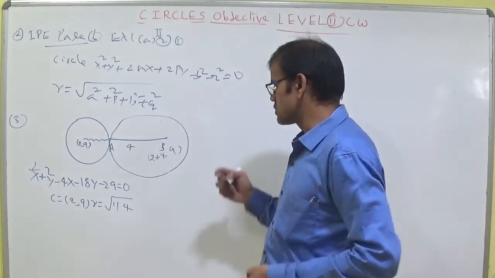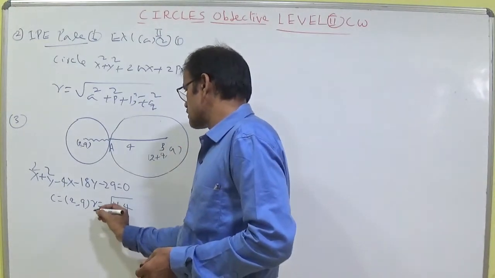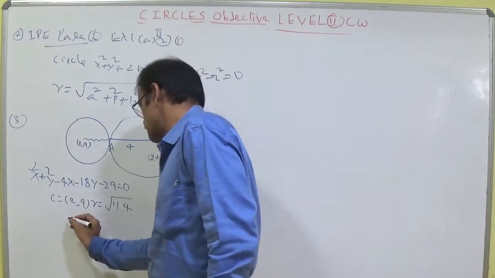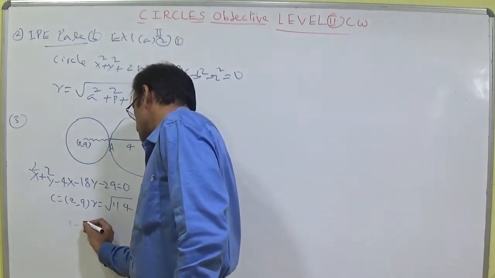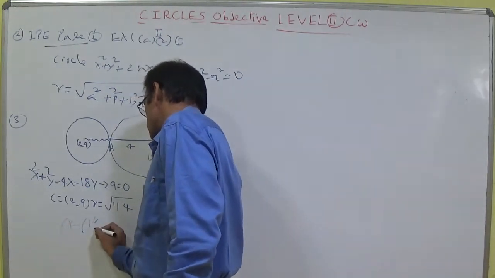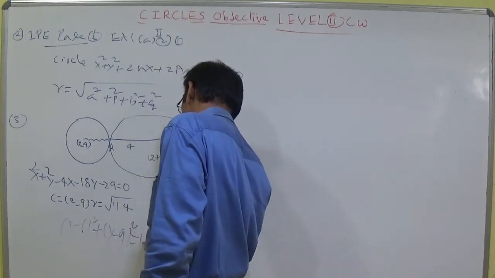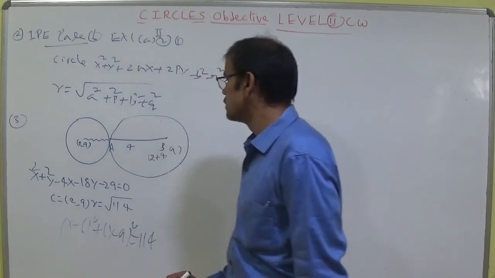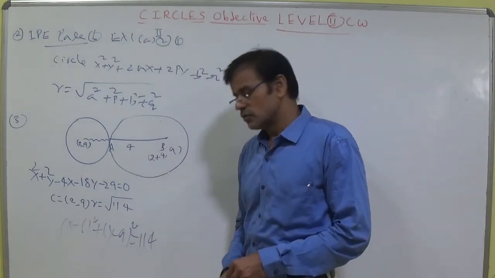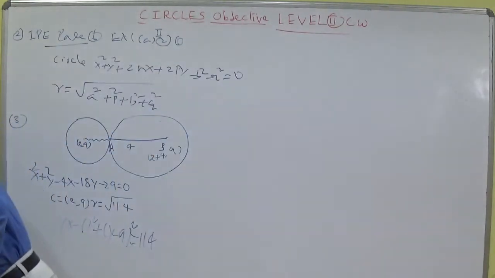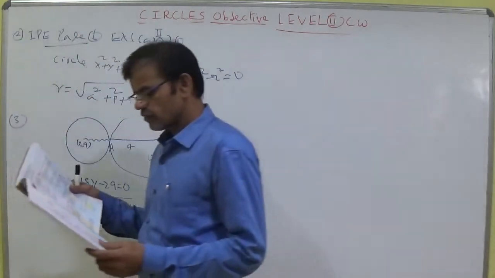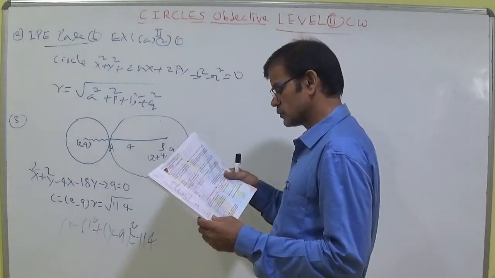You find the equation having center 6 comma 9. Having center as 6 comma 9. So you can write here x minus 6 whole square plus y minus 9 whole square equal to 114. This is the process. Of course, 6 comma 9, you can verify with the options also. 6 comma 9 center is only the first option. That's all.